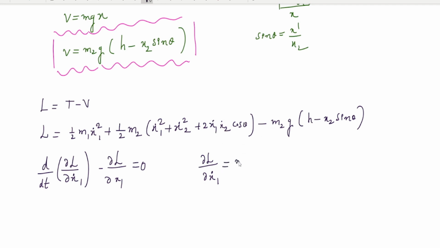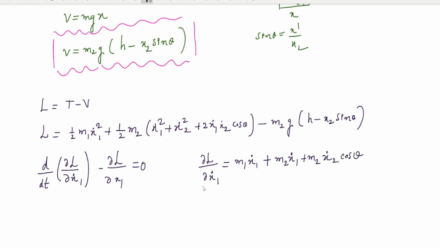The first term will give m1 x1 dot, plus here, let's go for the bracketed term. This one first, 2 gets cancelled: m2 x dot 1, this portion is 0. This one plus m2, 2 gets cancelled, x dot 2 cos theta.